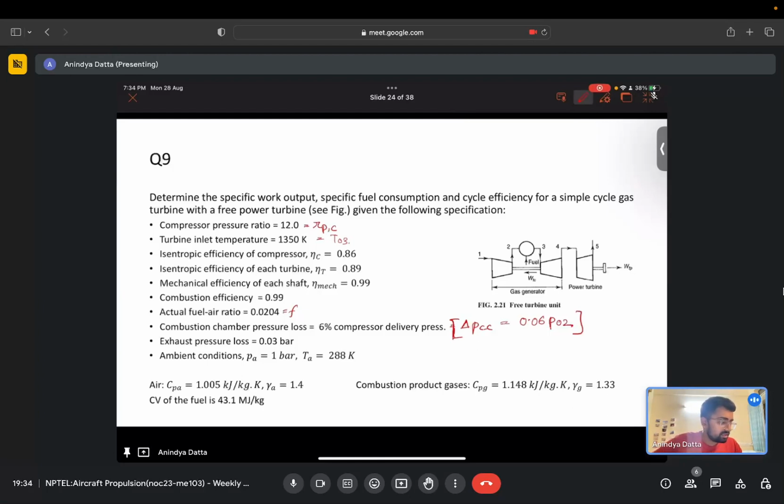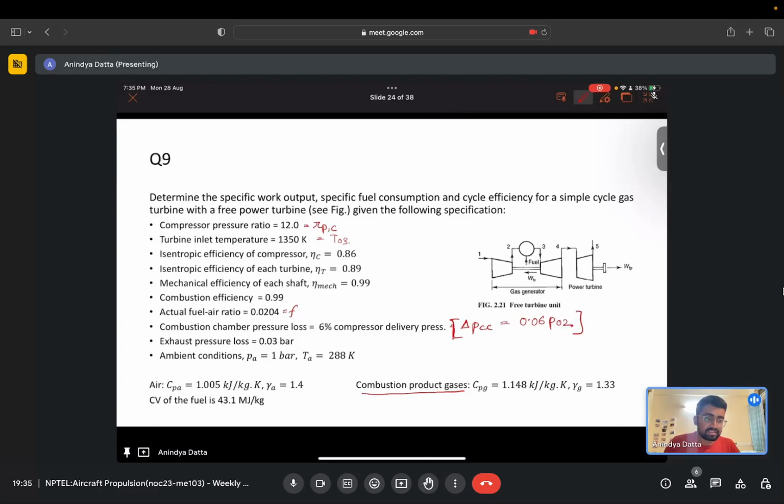And exhaust pressure loss is 0.03 bar, which means that after the power turbine, the gases flow out through the exhaust, and in that region we have a pressure loss of 0.03 bar. Now what are the other things given? We have been given that the ambient conditions are 1 bar and 288 Kelvin, and we have been given the Cp and gamma values for air, and Cp and gamma values for the combustion product gases.